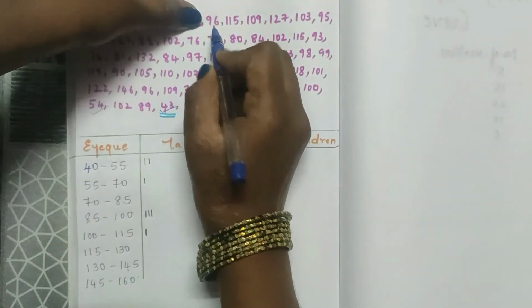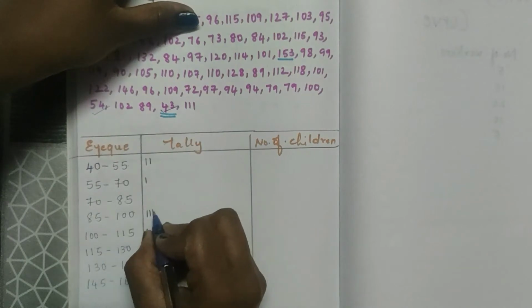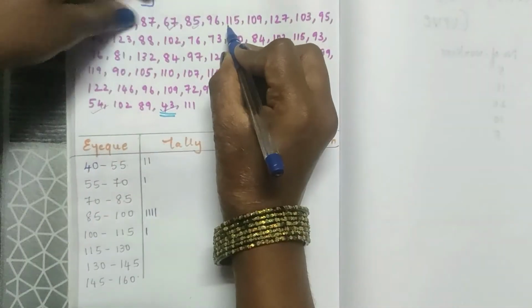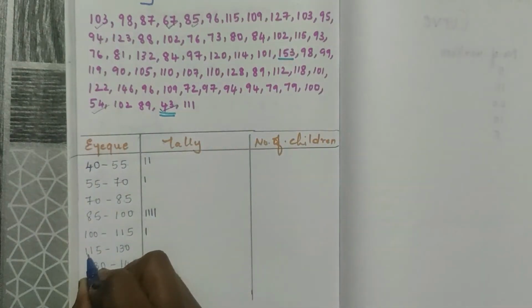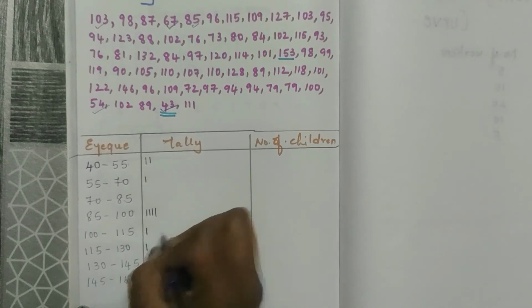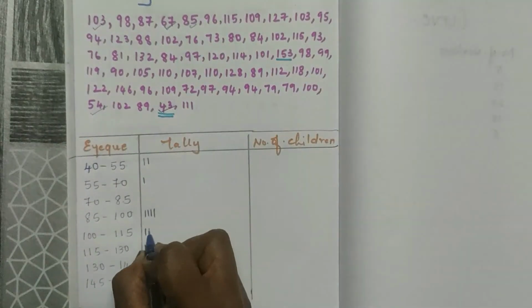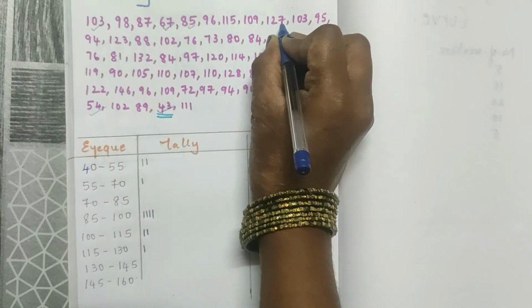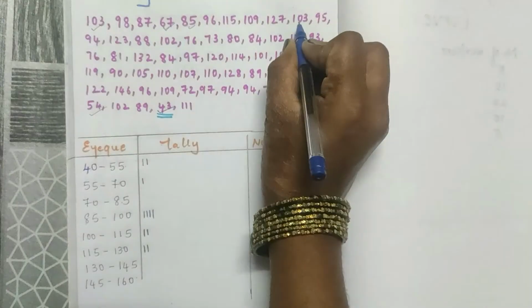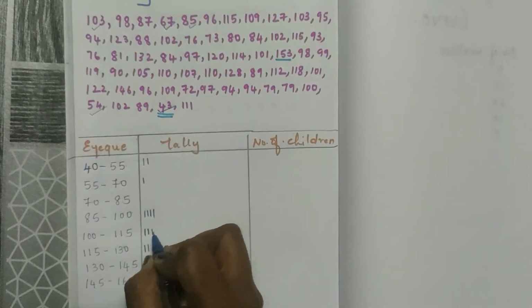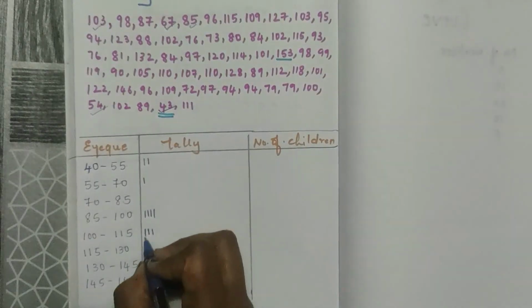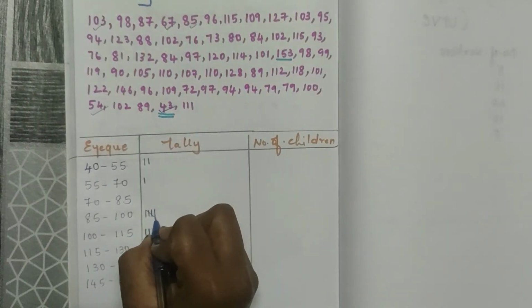Now 96. 96 is in this one. Then 115 here. 109 here in this. 127, that will come in here. 103 here. 95. So this becomes 5 now. So 1, 2, 3, 4, and this is how 5. 95 here.